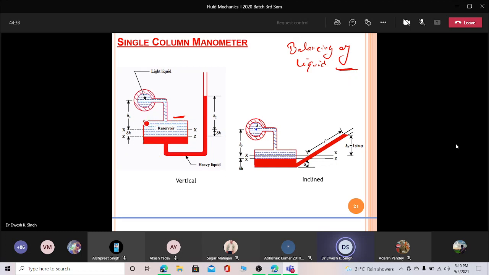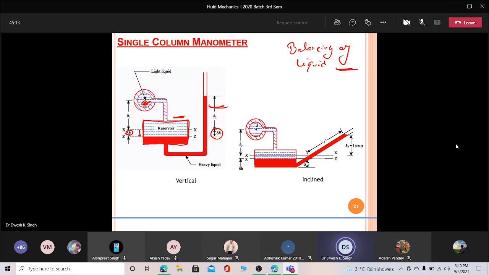Like here, we have added a large reservoir. Now, what is the idea behind adding this large reservoir? The rest is the same, and the mathematical part is the same. There is a very little change. So the idea behind adding this is, if you are applying a very large pressure here, due to this large pressure inside, there will be a very small increment, like here you can see the del H. And due to this small increment, there is a small increment in the del H here in this limb.